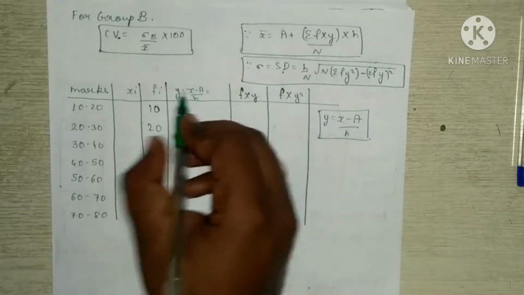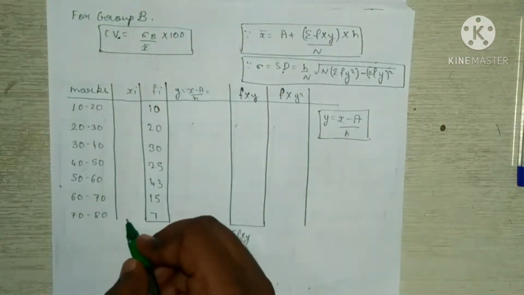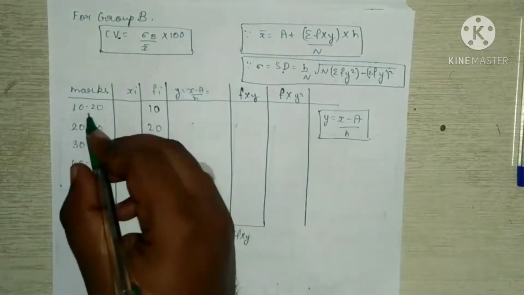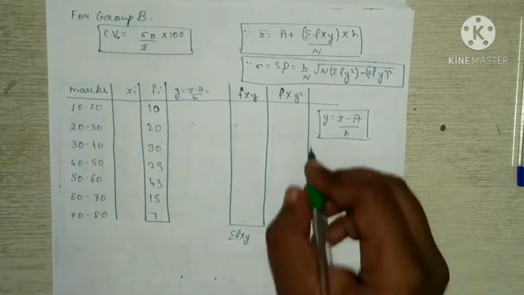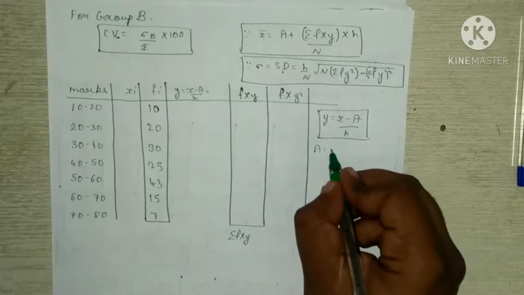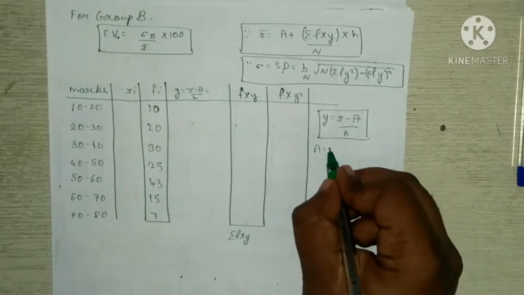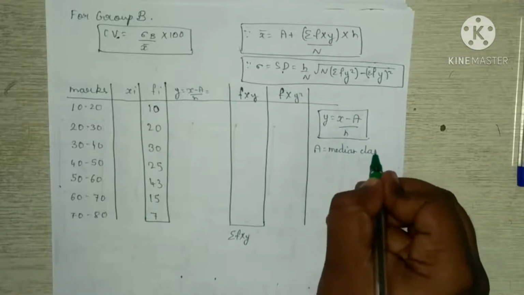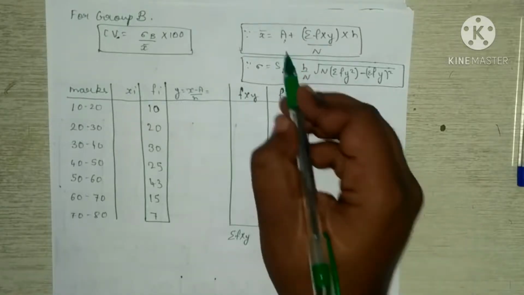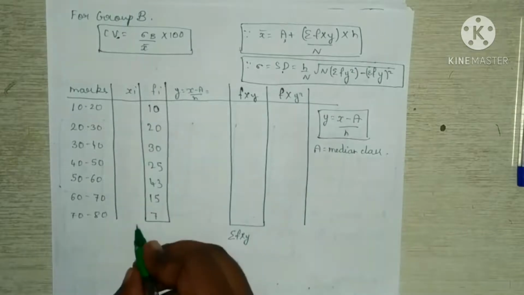Okay, x is nothing but the given data, marks. From marks we need to find the midpoint of x. Okay, a is nothing but the median class we need to consider. N is nothing but the sum of frequency.